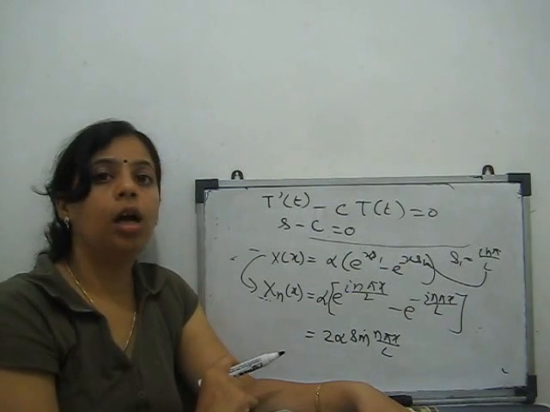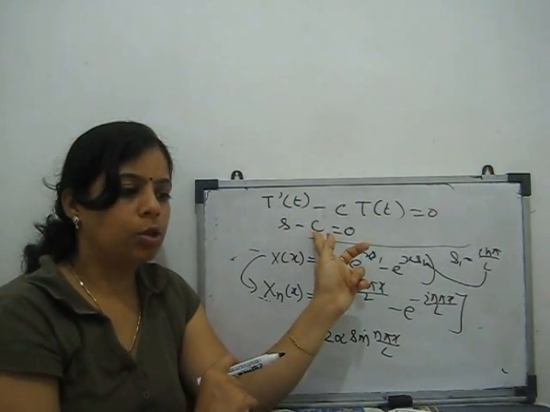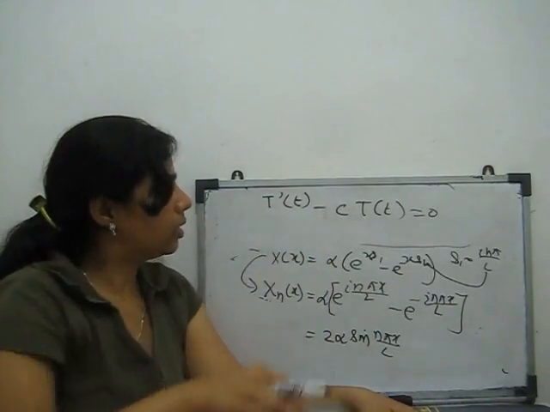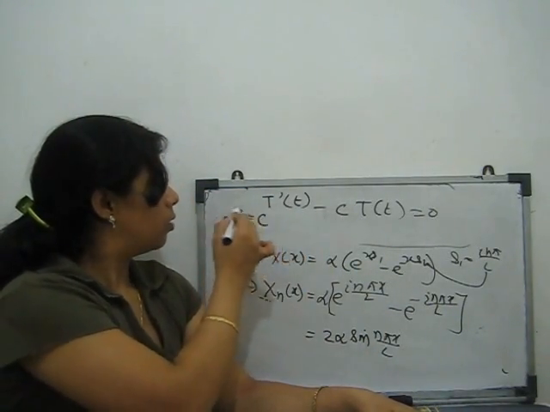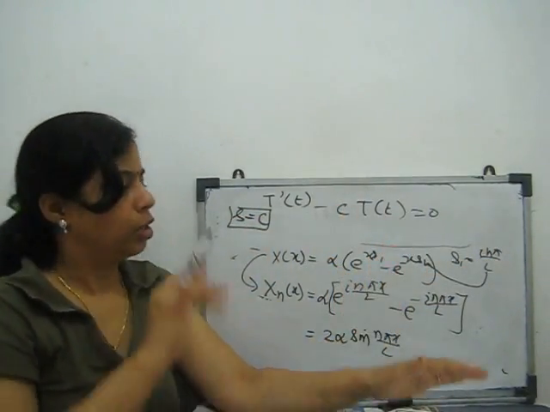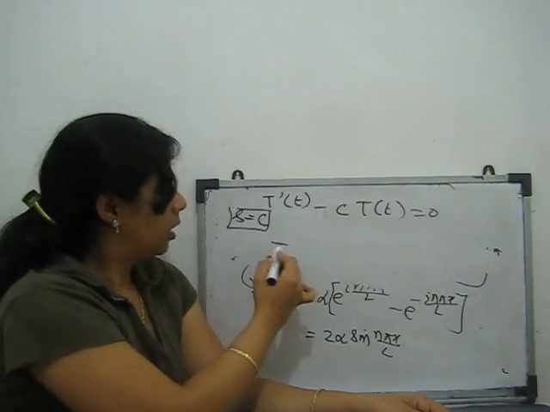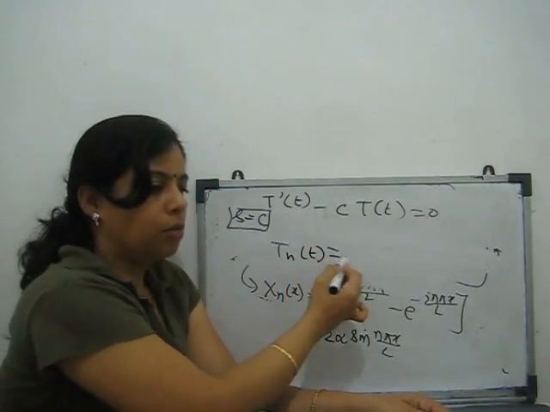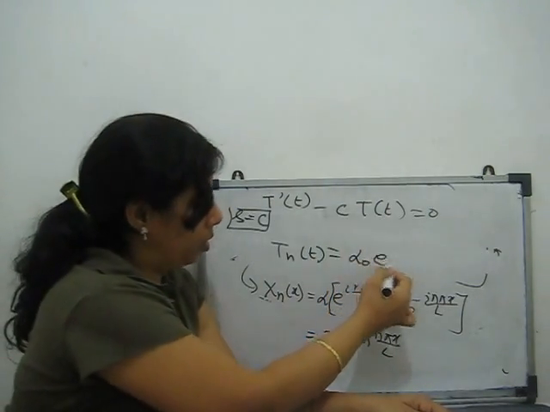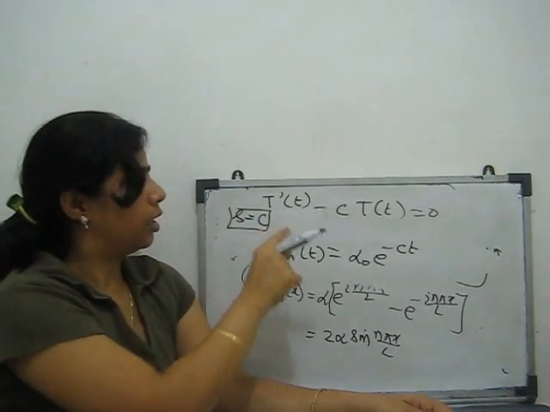When we find the auxiliary equation, s minus c equal to 0, it gives s equal to c. So now the solution of this T is T equal to alpha 0 e to the power minus c t. Clear?